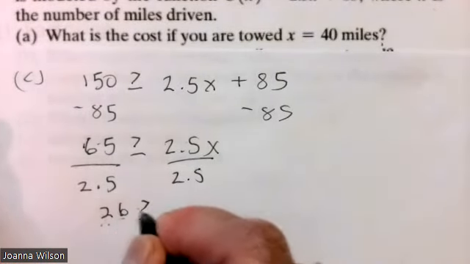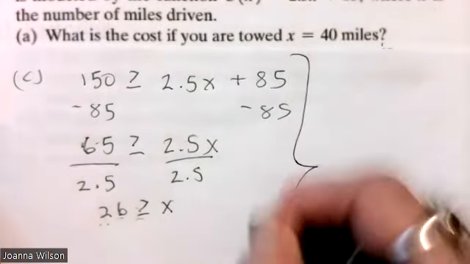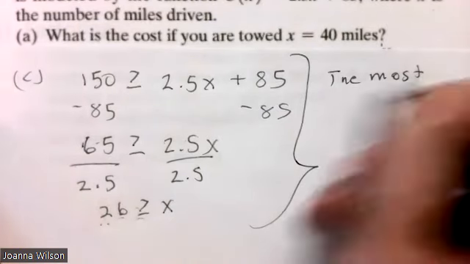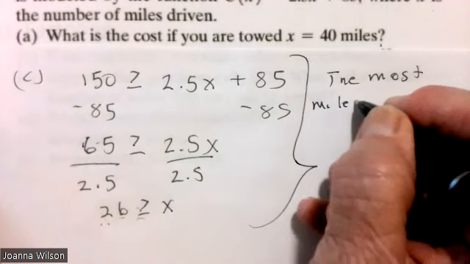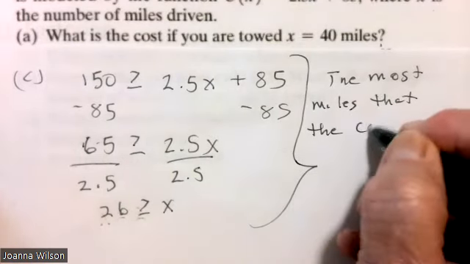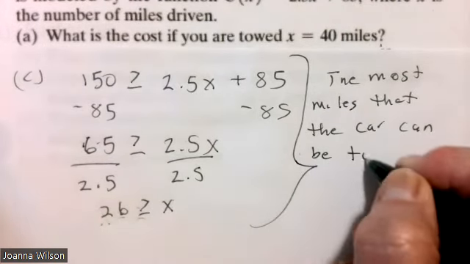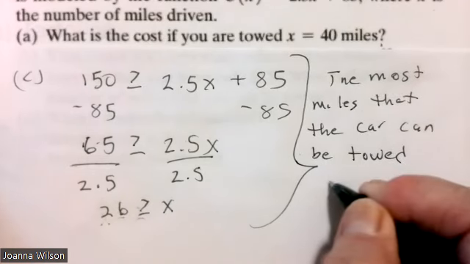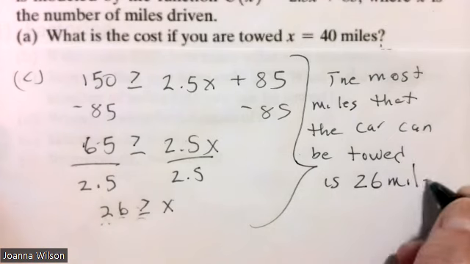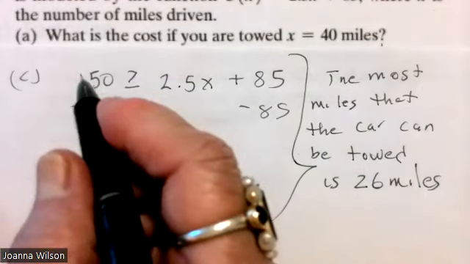So 26 is greater than or equal to x. So what that means is the most miles that the car can be towed is 26 miles. If you tow more than that, it's going to be more than $150.